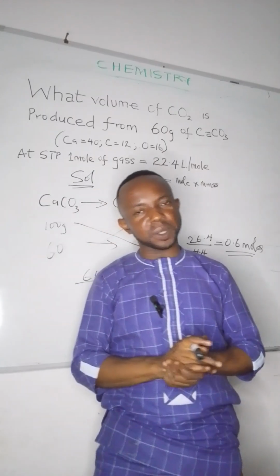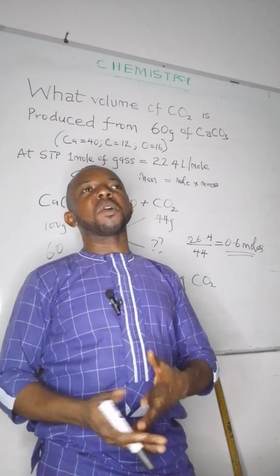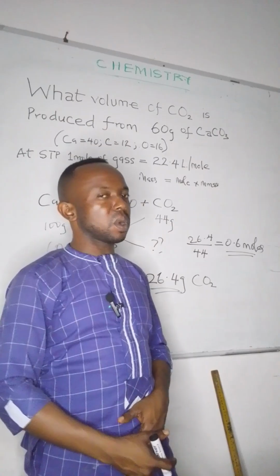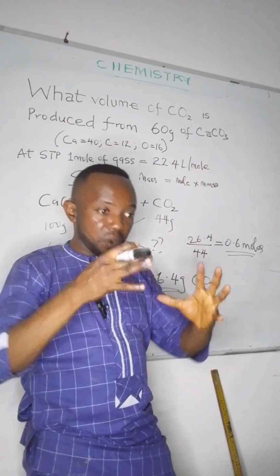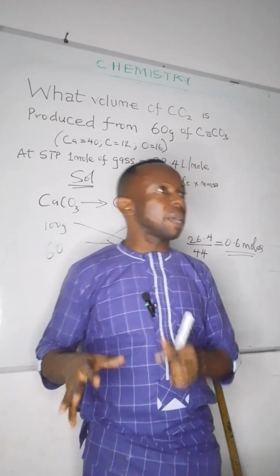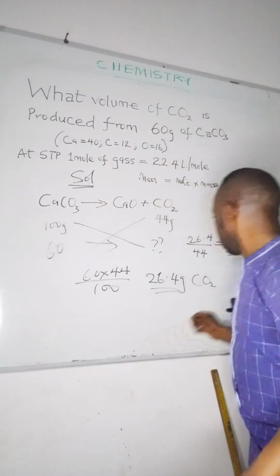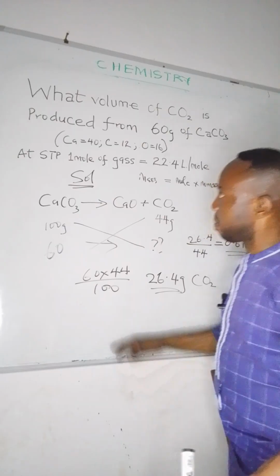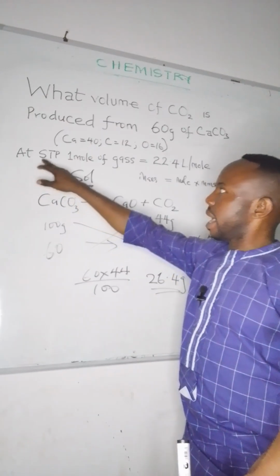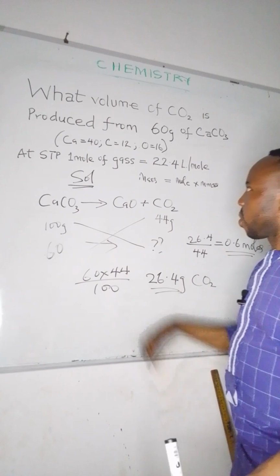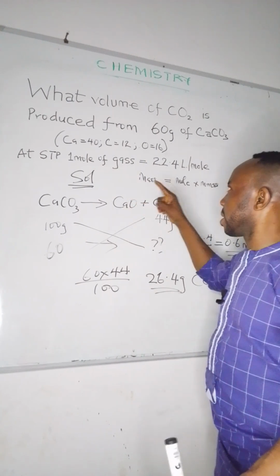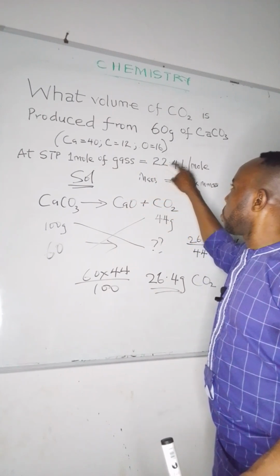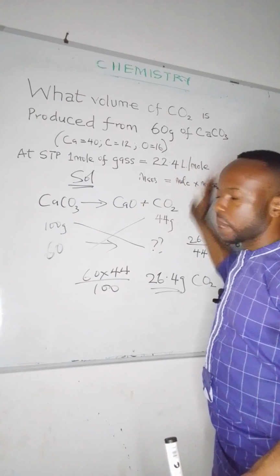And that is not where the question wants us to stop. The question is not asking us what is the number of moles that will be produced. No. The question is saying what volume. Now, that is the next step. The final step is to use this mole to find the volume. And remember, information has been given to us that at standard temperature and pressure, 1 mole of every gas occupies 22.4 liters per mole.